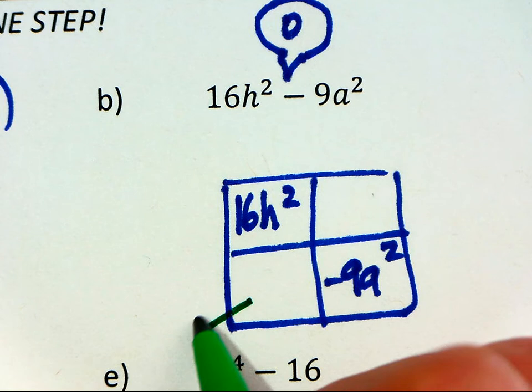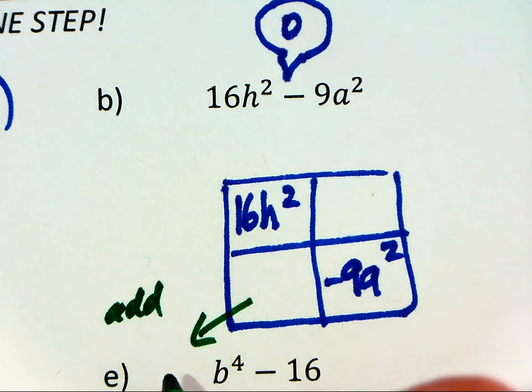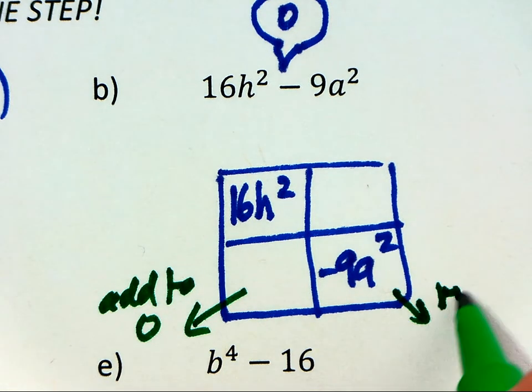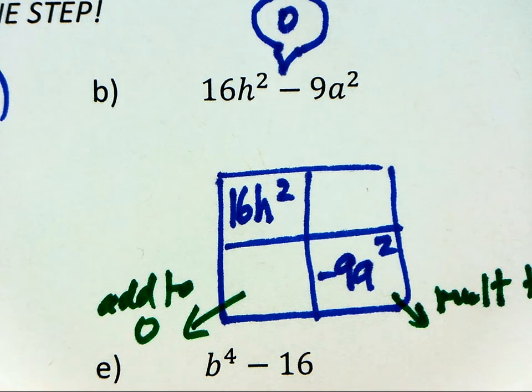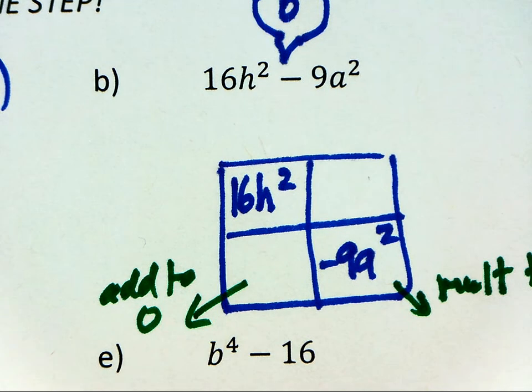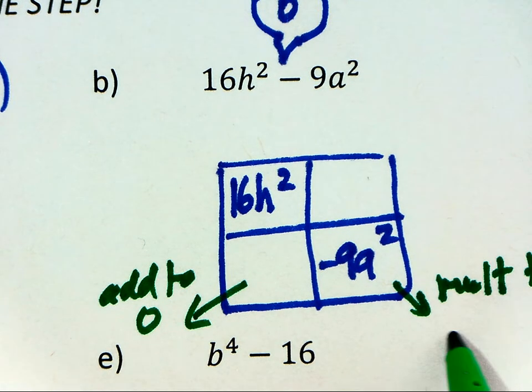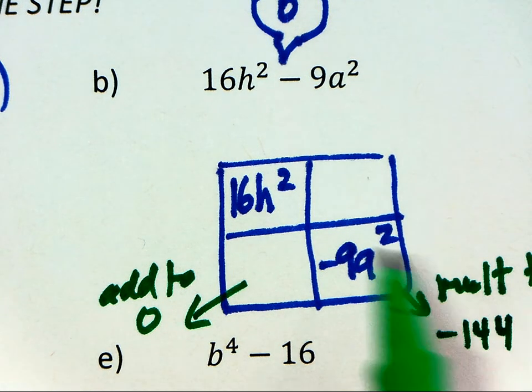So we know that the 2 missing terms have to add up to 0 and multiply to make, oh geez, I can see why you wouldn't really want to do the box method now. What's 16 times 9? I'm doing this off screen. It's going to be negative 144 h squared a squared.